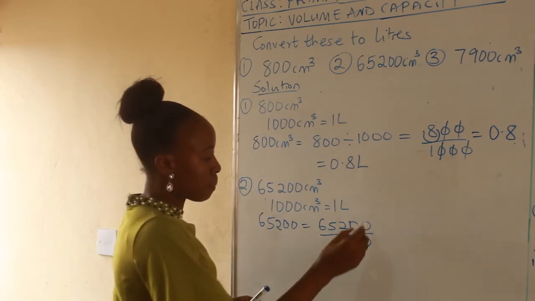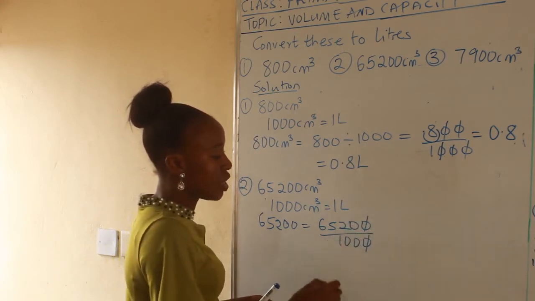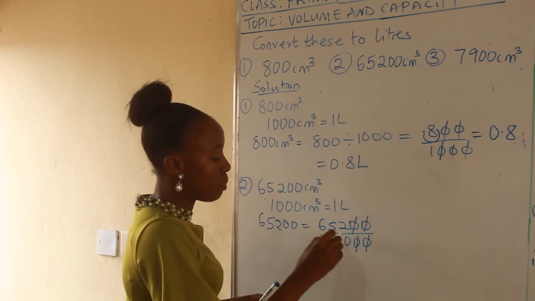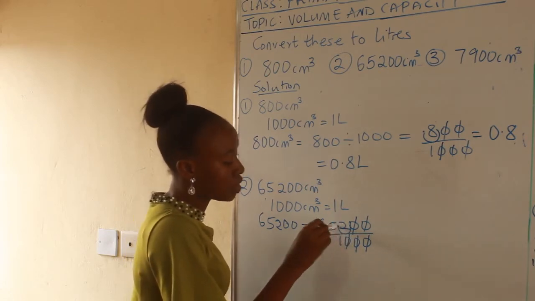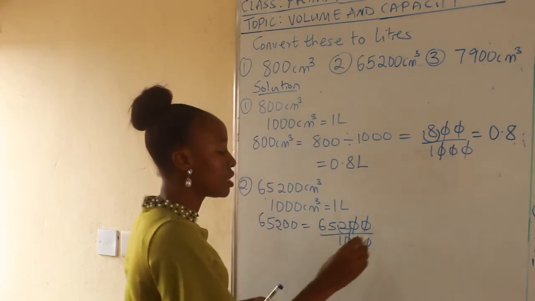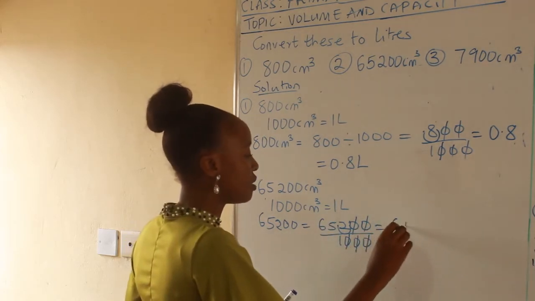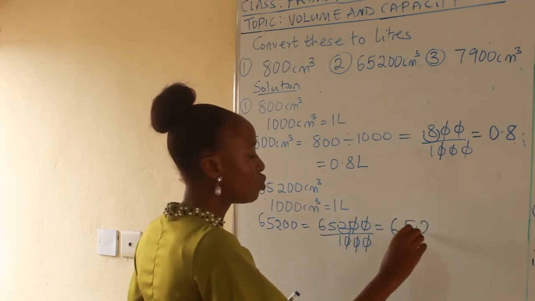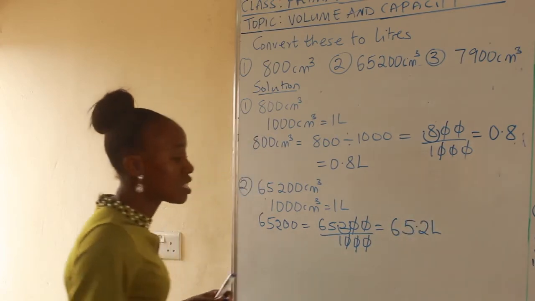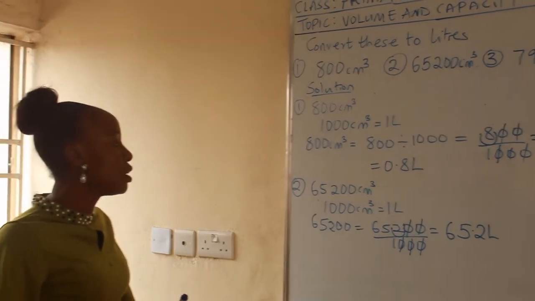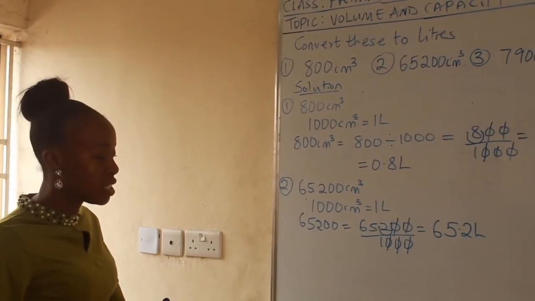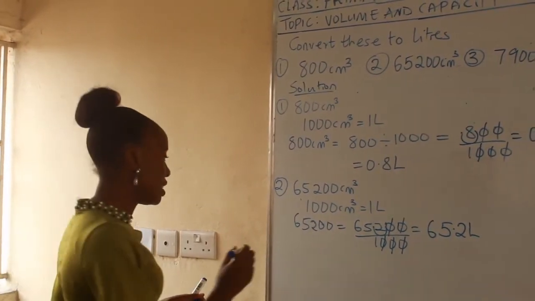Alright, this 0 will cancel this 0, this will cancel this. I'm left with 1 0. If I cancel this 0, I move my decimal point here, one place. So I'll have 65.2 liters. That's my answer. 65,200 cm cube equals 65.2 liters.